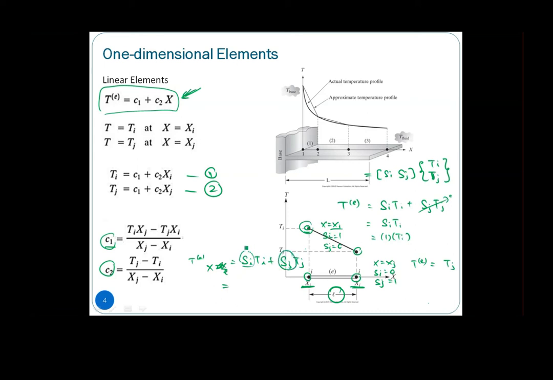It will give us a ratio, a value between these two which add up to 1, where Si plus Sj equals 1. So it could be 0.5 Ti plus 0.5 Tj. Then you get the temperature of that particular element where x equals a certain number.